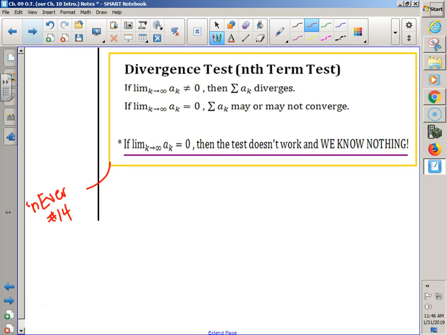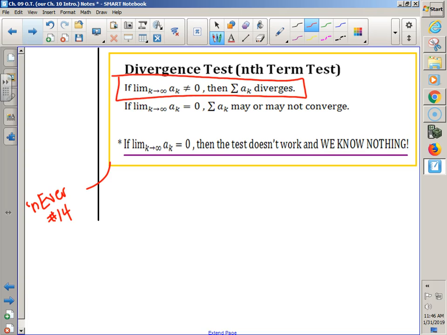Okay, the limit as n goes to infinity of a sub n. It's saying, look at the sequence. Is the sequence of terms going to 0 or not? If the sequence of terms is not approaching 0, whether it's a number or infinity, if it's approaching anything non-zero, what can we say?